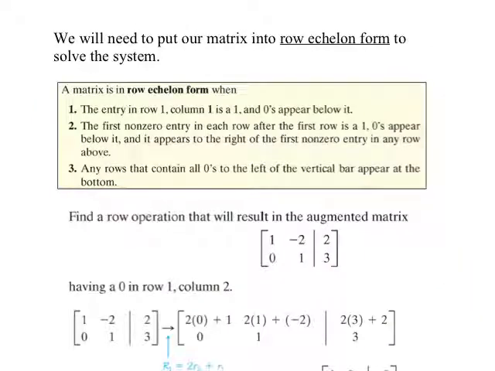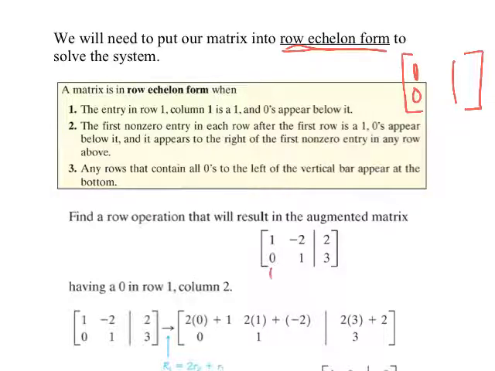To finish our process, we're going to need to put the matrix into something called a row echelon form. And what is that? So row echelon form, the entry in row 1, column 1 is a 1, and zeros appear below it. So I'm just going to draw a quick 2x2 augmented matrix. And what it needs to look like is a 1 here with 0 here.